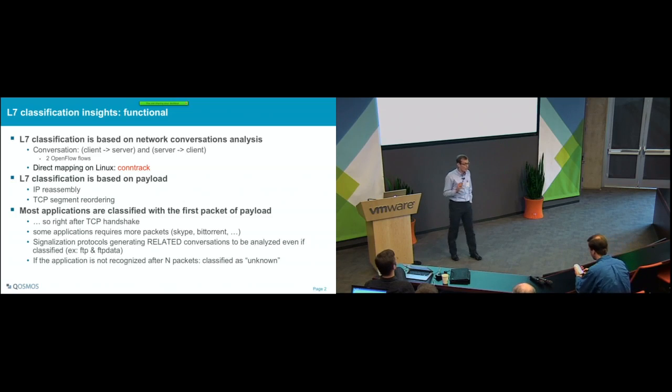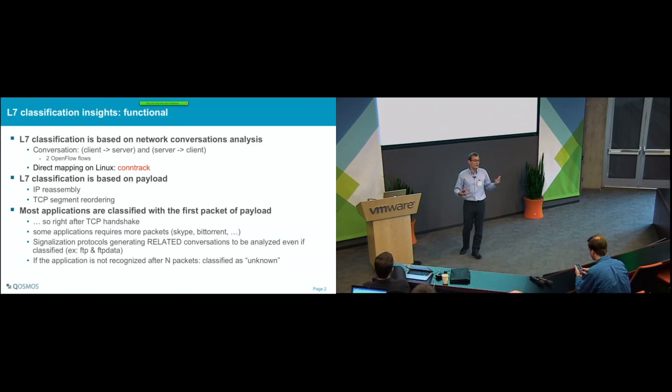Some applications, like Skype and BitTorrent, require more packets to be recognized. Signalization protocols also need to keep being analyzed. For instance, when you have an FTP session open, multiple downloads can start, which are related conversations from a conntrack perspective.